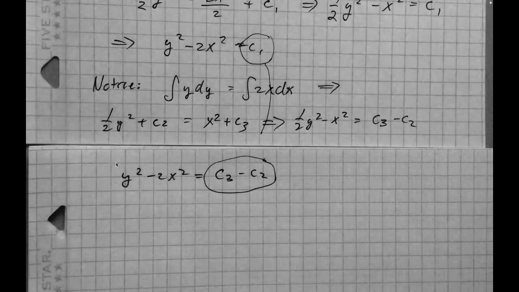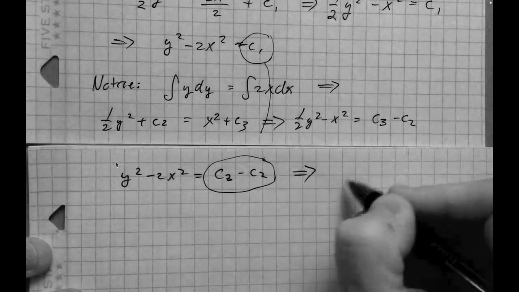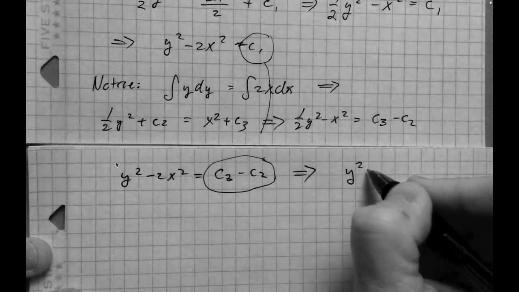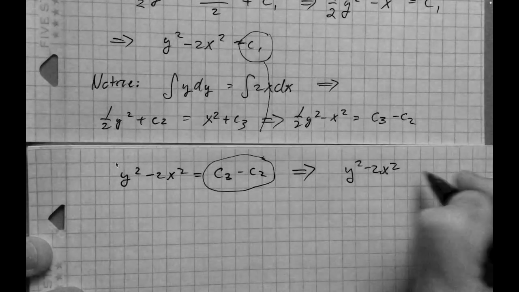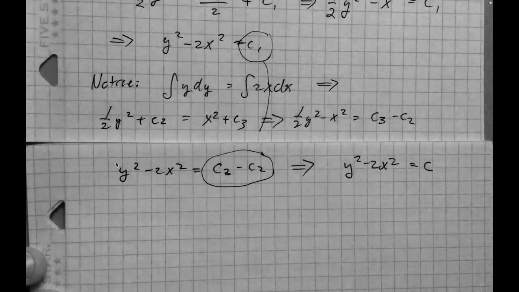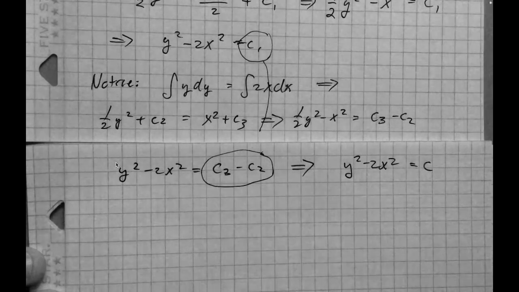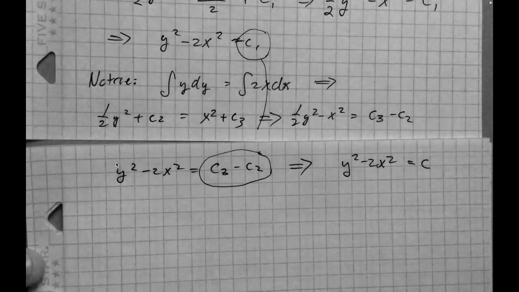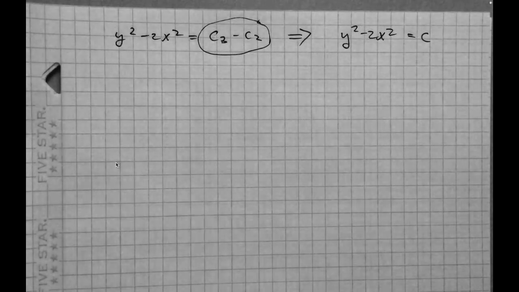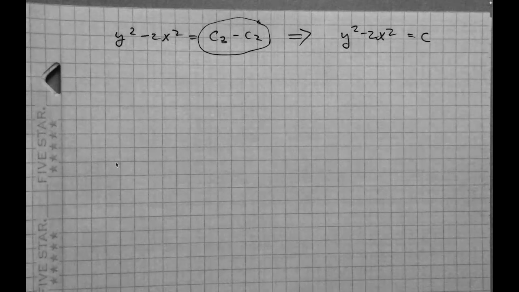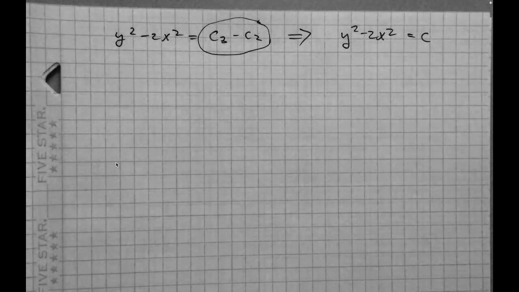We don't need to add a constant of integration to both sides. As you can see, you get the same result. Okay, and so what we could say is the solution is really y squared minus 2x squared equals some constant. You can drop the subscripts and just write a single c. Okay, so that's the story with the constants.